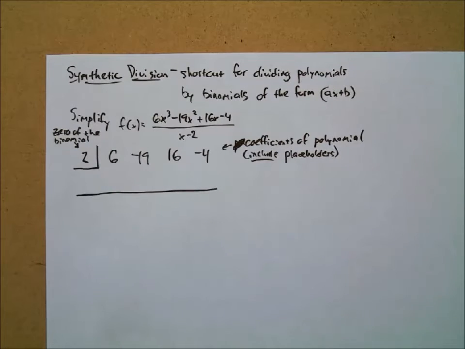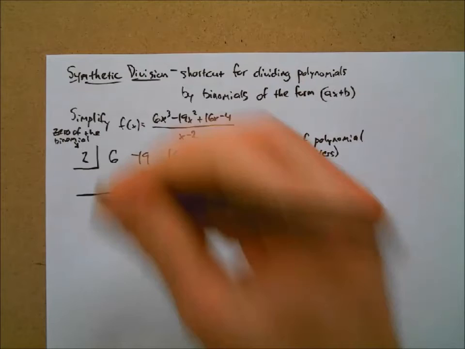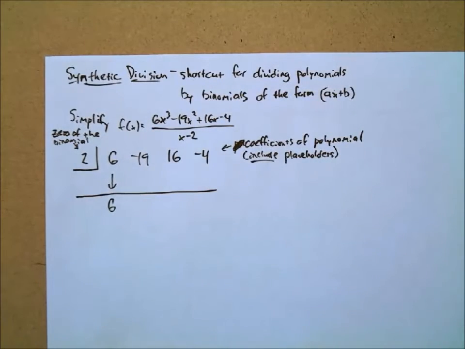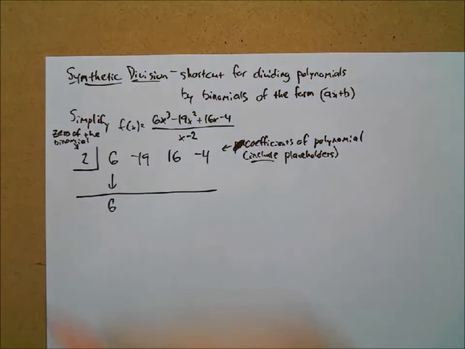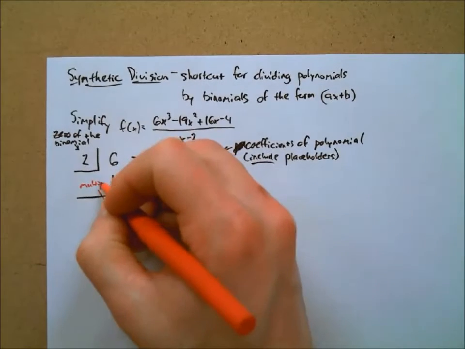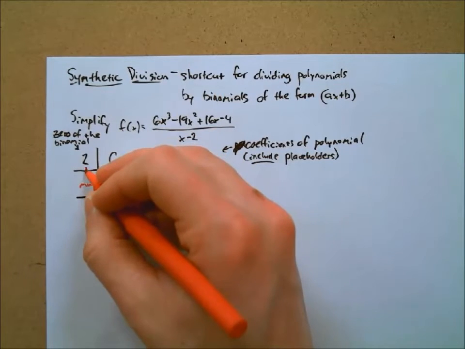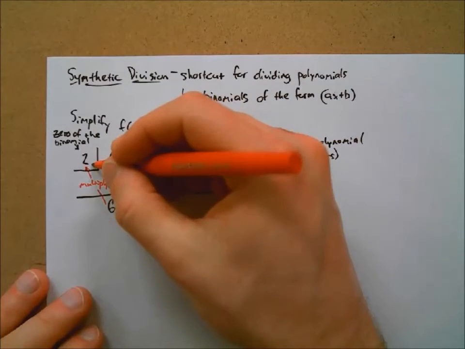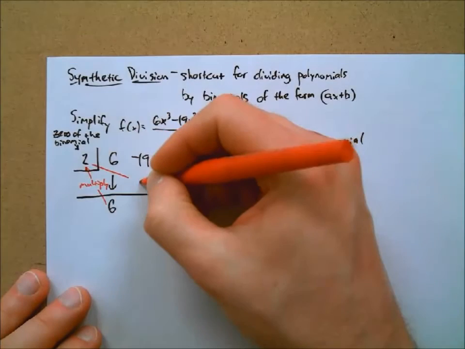And we start by bringing the 6 down, the lead coefficient. You take that 6 and multiply it with the 2, which makes 12.